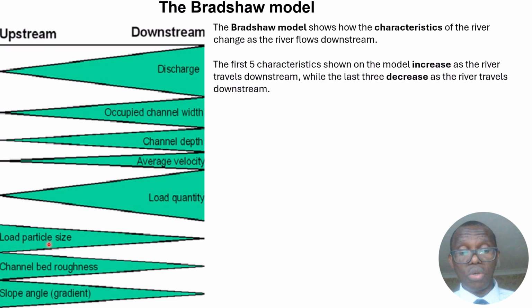And as a result, the particle size will be bigger. But as we flow downstream, due to those processes of erosion, the load particle size will become smaller. So from very big boulders, eventually to pebbles, and eventually to sediment as we get down here downstream.